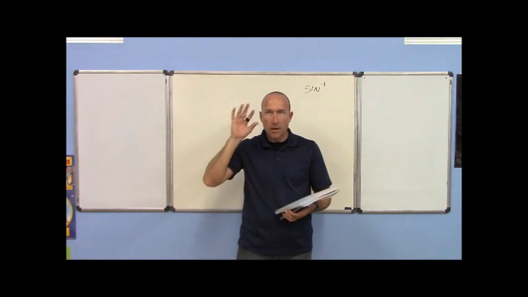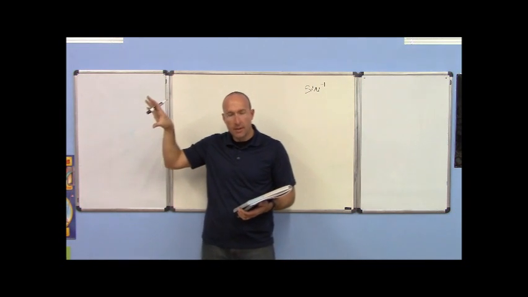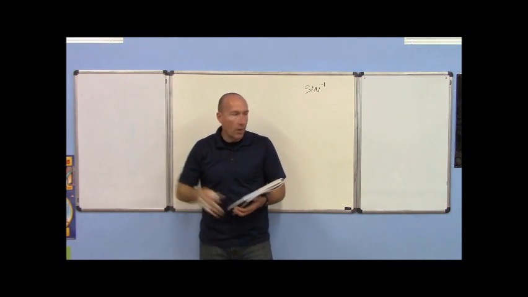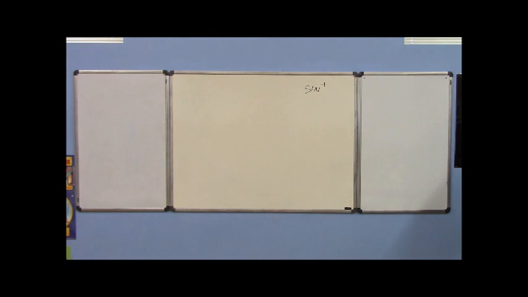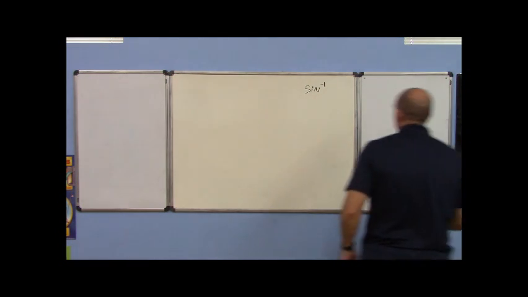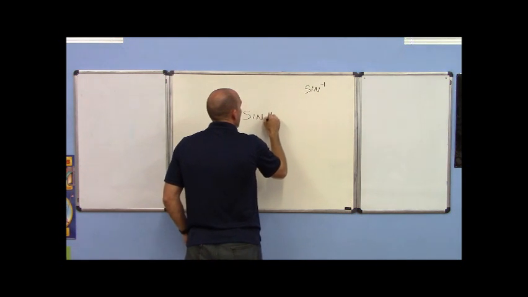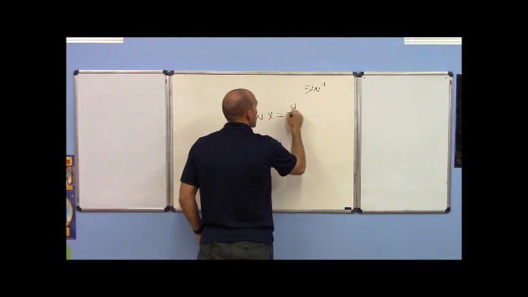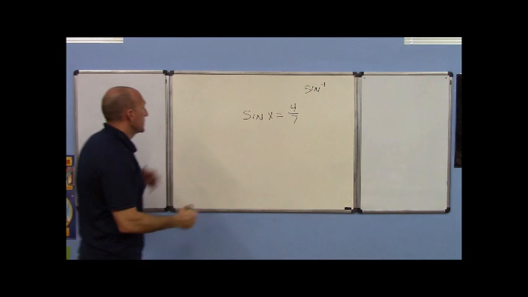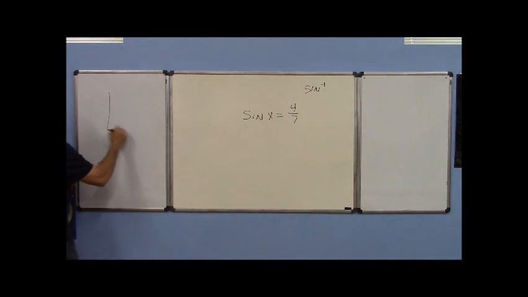Just understanding that, and keeping it in the back of your mind, if you look at example number 1, you'll see sine of some degree is 4/7. So what this question is saying is we have a right triangle. We have 4 and 7.